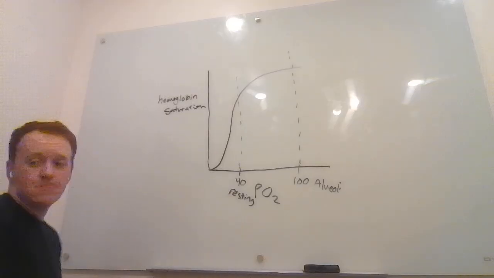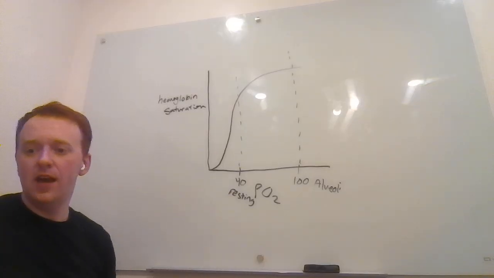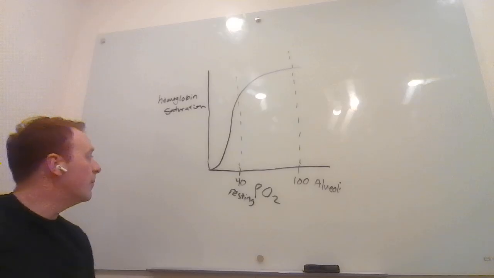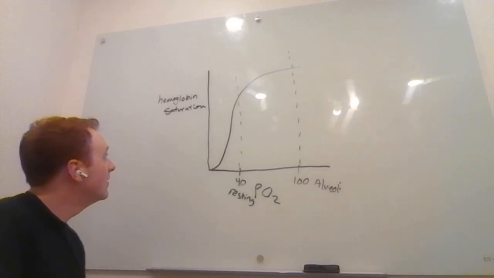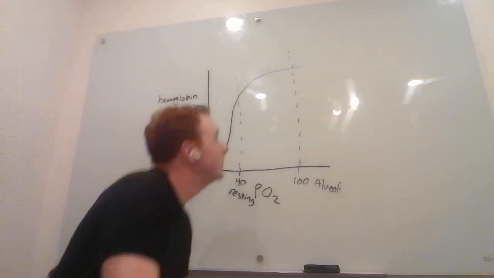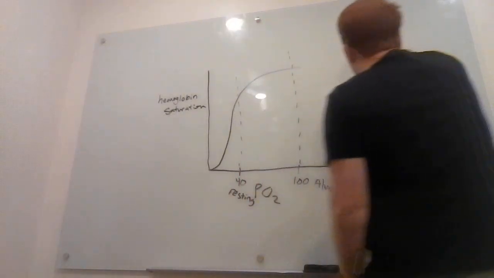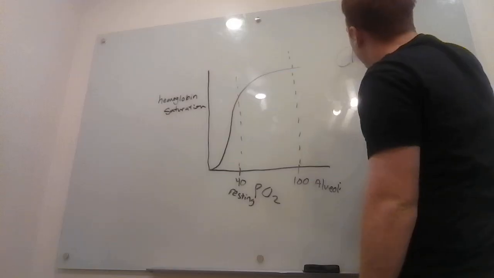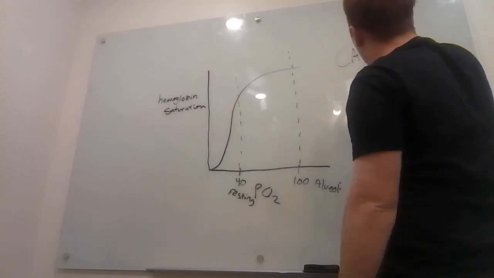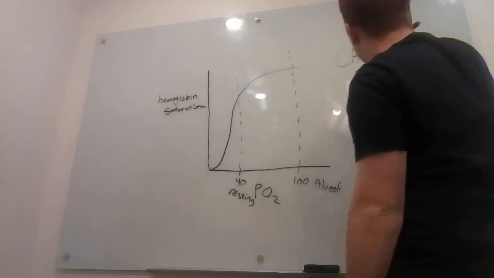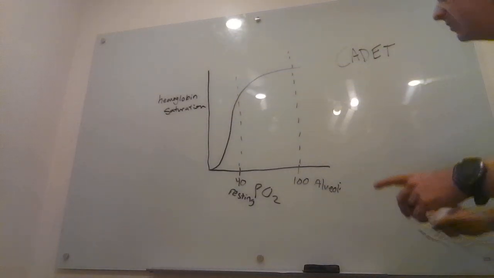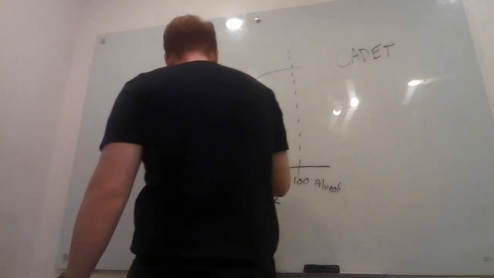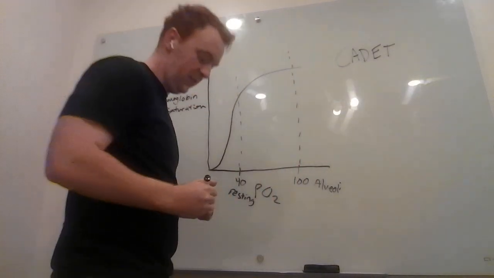And so right shift, maybe an easy way to remember a right shift. Let's see. Yes, there's something called CADET. This is the best way to remember a right shift. CADET. All of these things in CADET will shift this graph to the right, make the graph look like this. Maybe I'll use a different color.